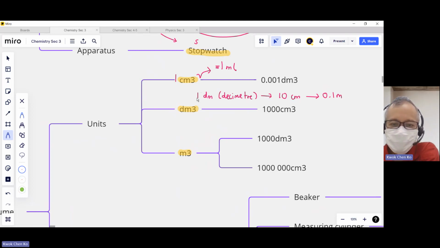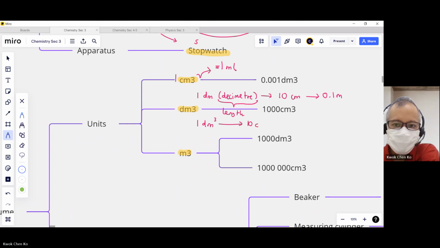So there is such a unit as dm, decimeter. Not surprisingly, decimeter is a unit for length. But for chemistry, we don't talk about length that much. We talk about volume.